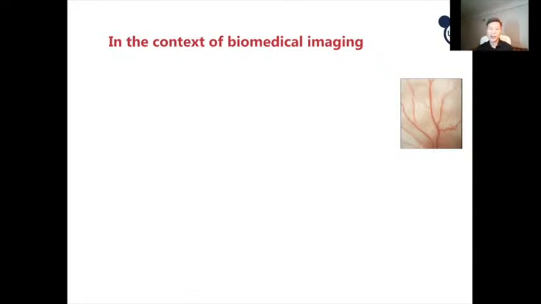But in the context of biomedical imaging, say we're looking at a piece of tissue with blood vessels in it. It's just like our road: the vessels transport blood and nutrients, and you have tissue in between, like buildings next to the road.